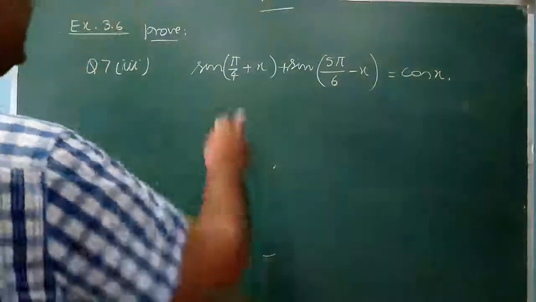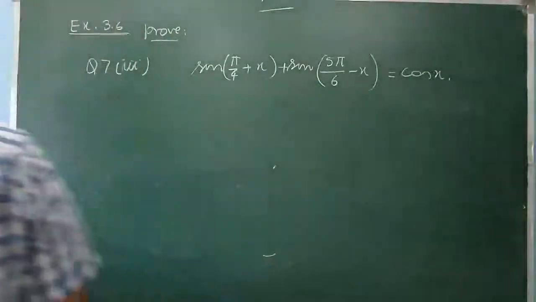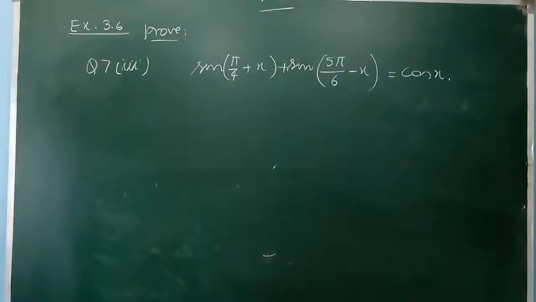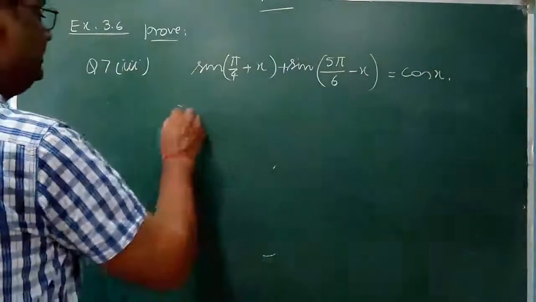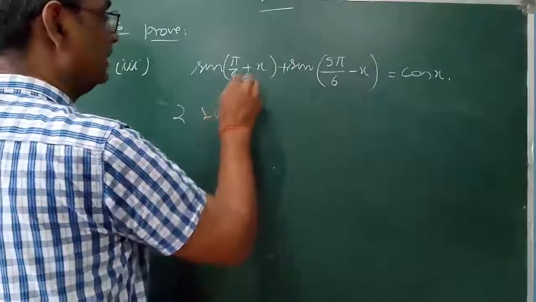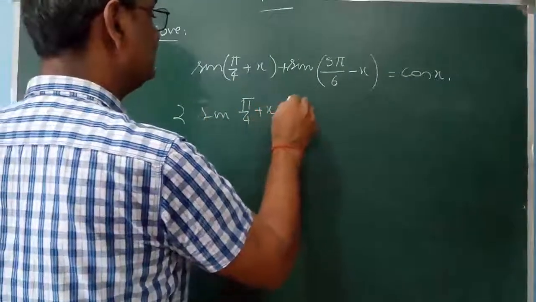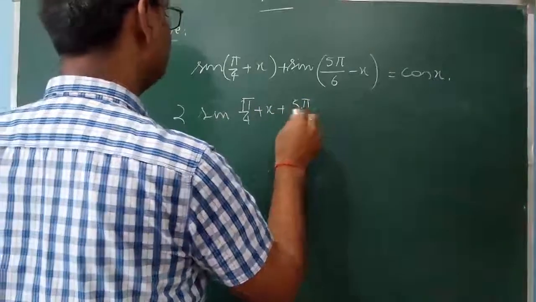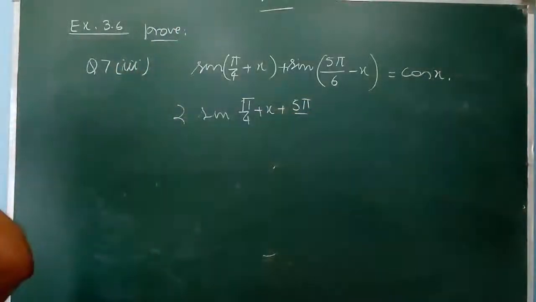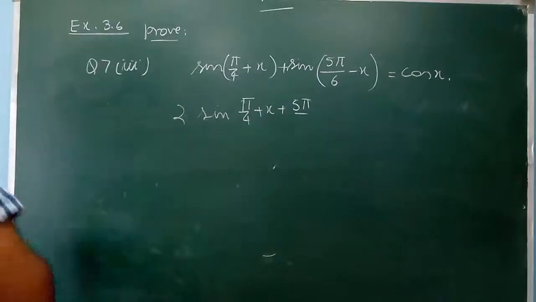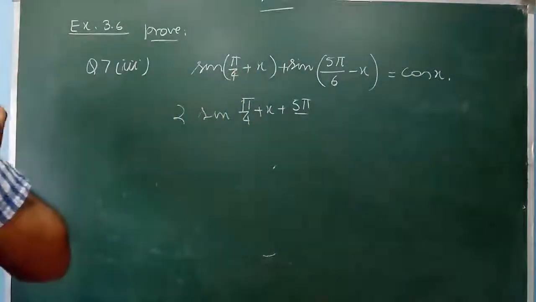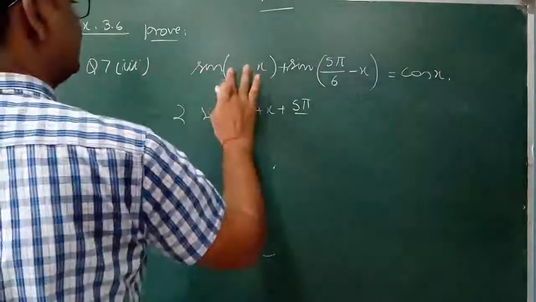This is sin C plus sin D. And what is the formula for sin C plus sin D? Sin C plus sin D is 2 sin((pi by 4 plus x plus 5 pi by 6 minus x) by 2).